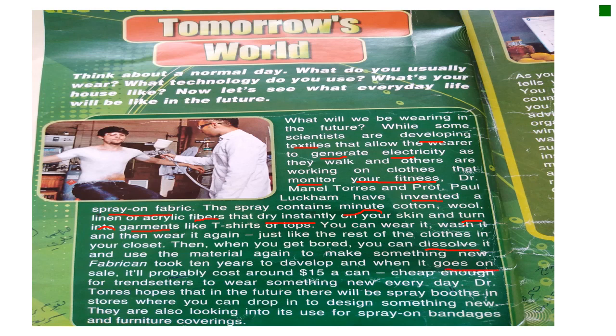Go on sale is a phrase, and here go is a verb. It means to become available to buy. Trendsetter is a noun, and it's a person who starts a new fashion.